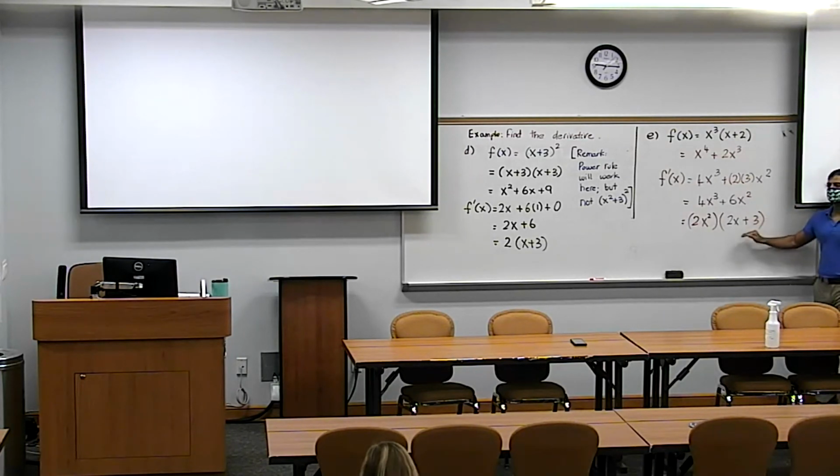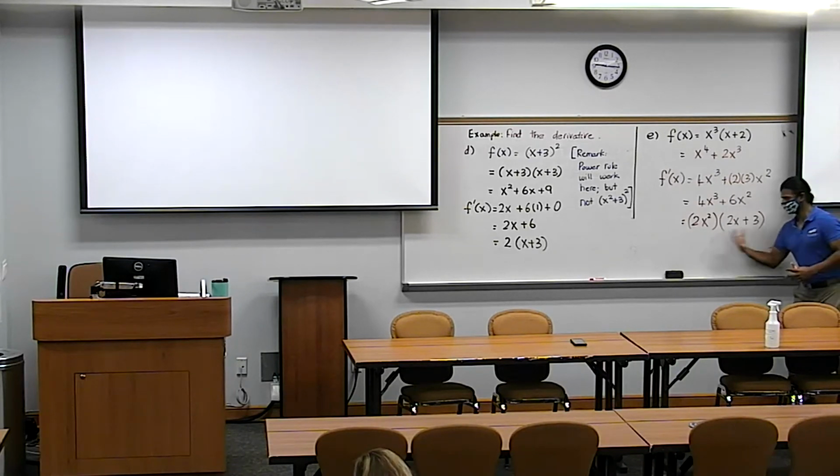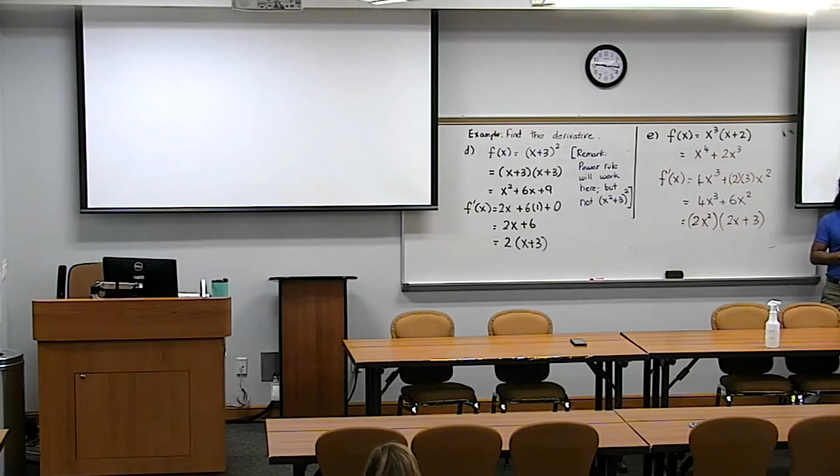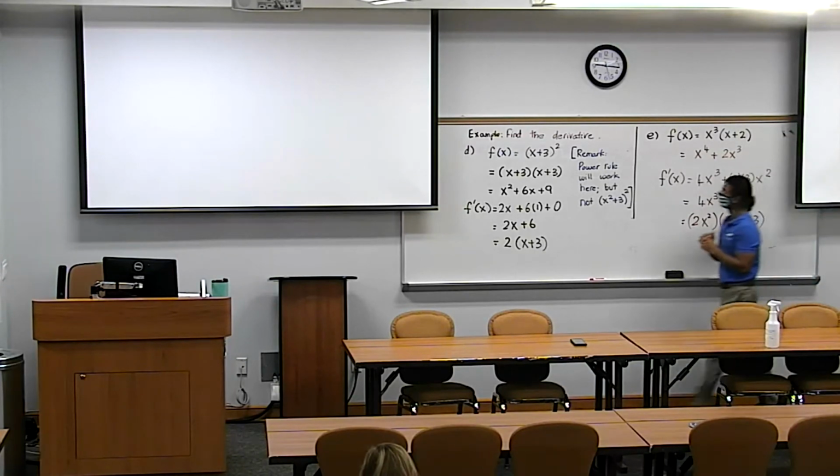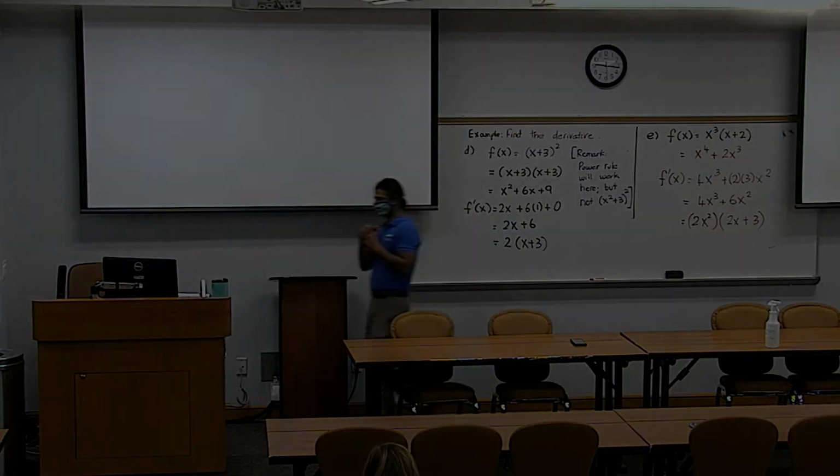How can you verify your simplification? How would you know that you did this properly? Distribute. Just distribute it back and you should get that. Yes? Okay. That is a good place to stop.